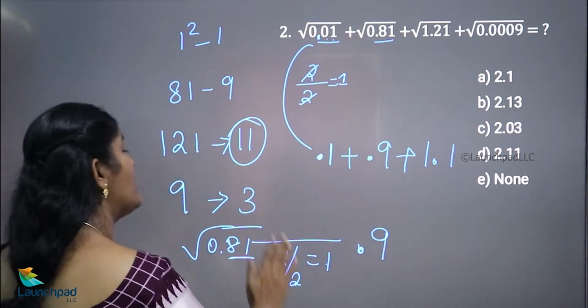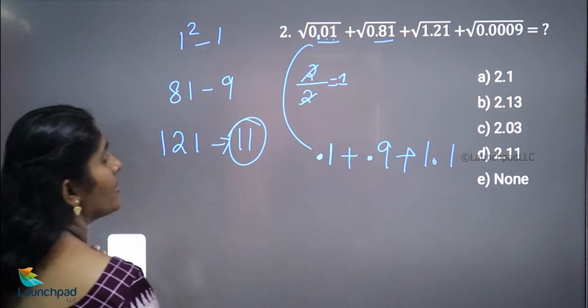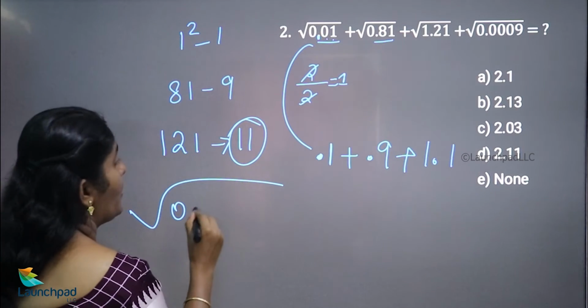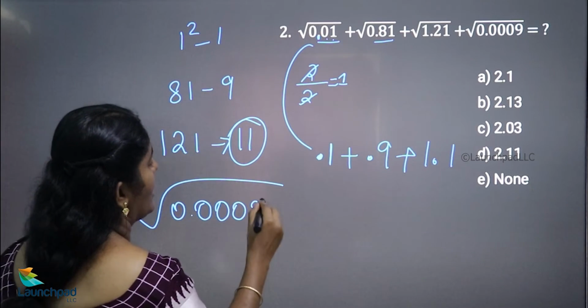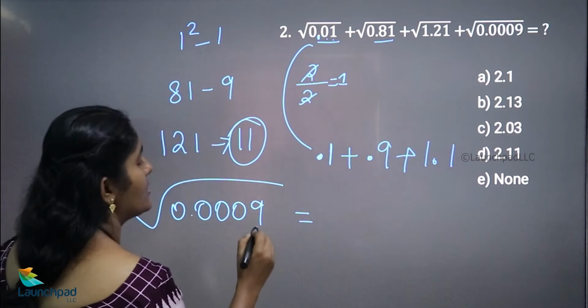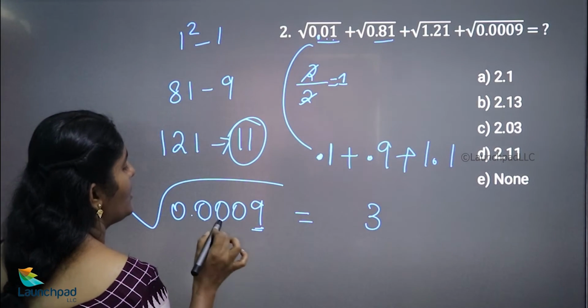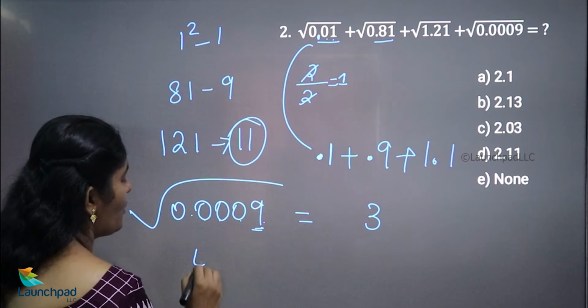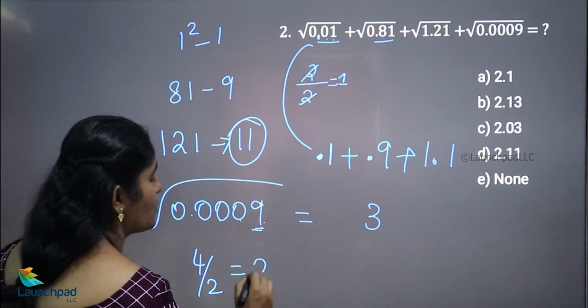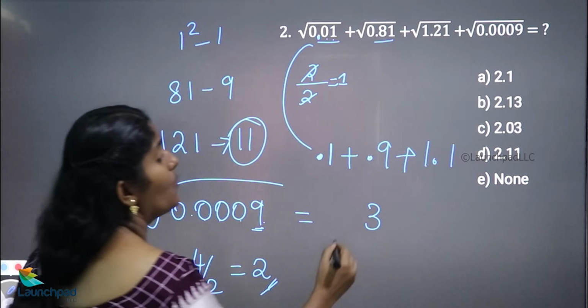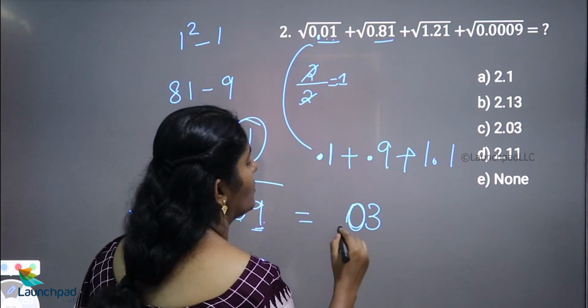Please look at the last question, that is 0.0009. The square root of 9 is 3. How many numbers are there after the decimal point? 1, 2, 3, 4. 4 divided by 2 is 2.